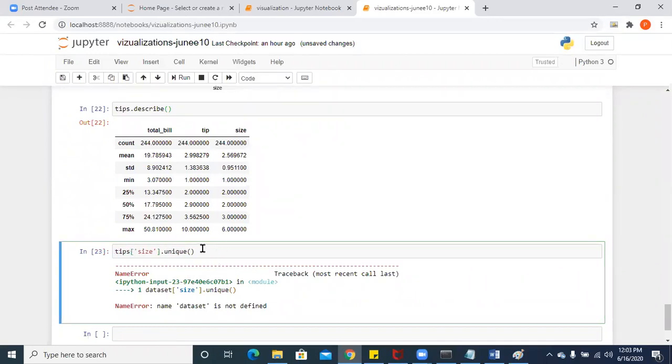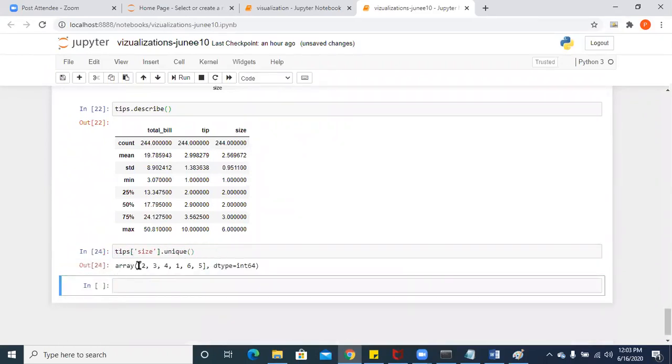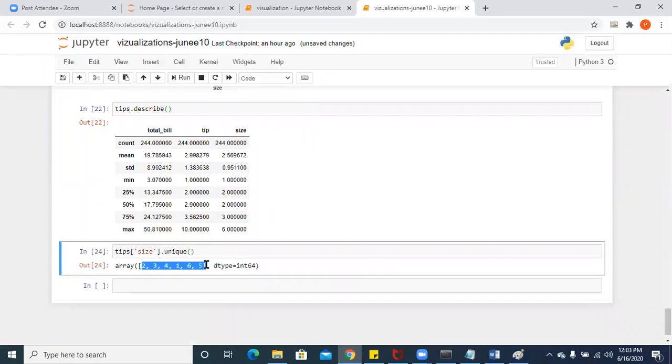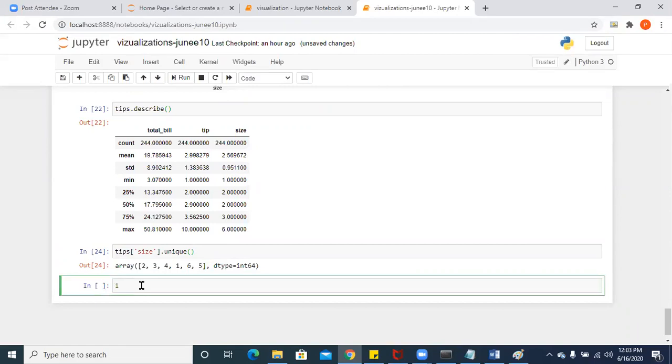Tips of size unique. So we have 2, 3, 4, 1, 6, 5. Yes or no? Now sort it. 1, 2, 3, 4, 5, 6.